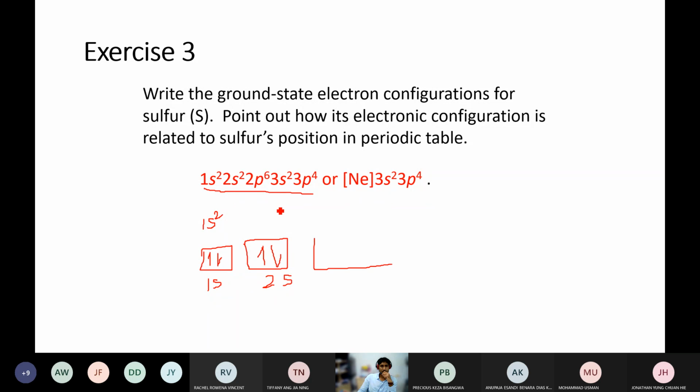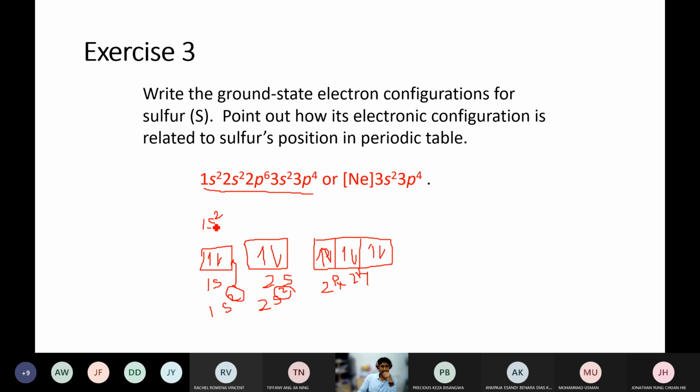And then there are 2p. 2p means 2px, 2py, and 2pz. In 2px there can be a maximum of 2 electrons, and 2py as well, and 2pz, a maximum of 2. This is why we write 1s2, 2s2. This 2 is the maximum number of electrons staying in that orbital.